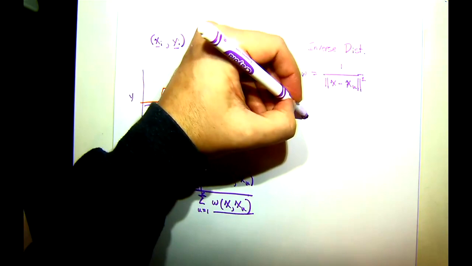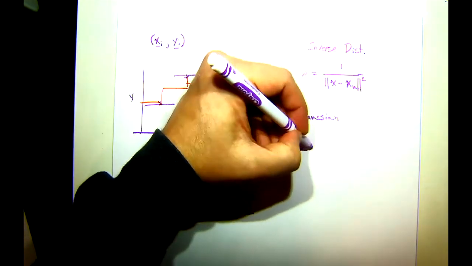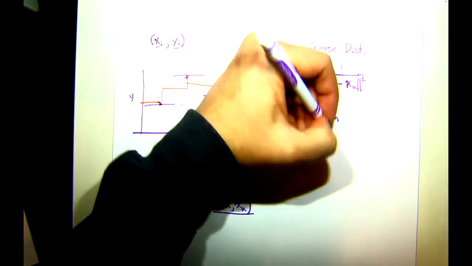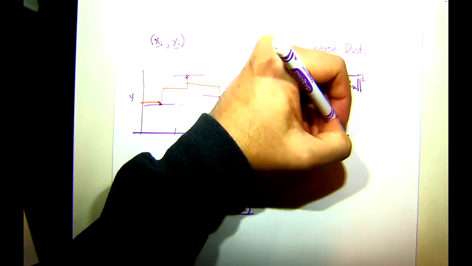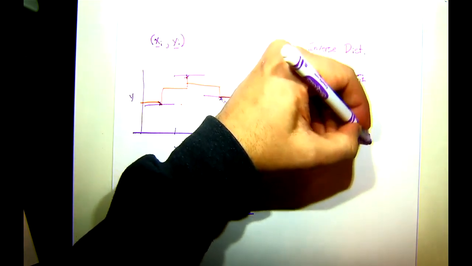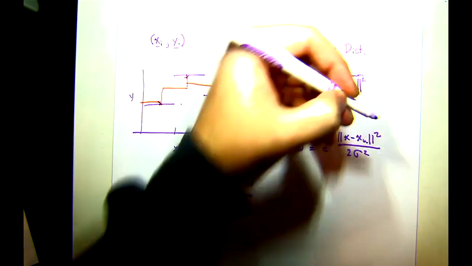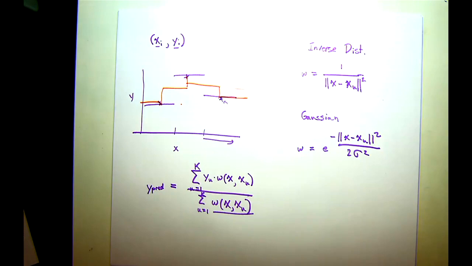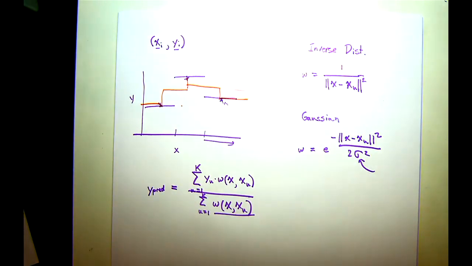The other common one is, of course, the Gaussian. It drops off in a slightly different way, but still has very similar behavior. And with the Gaussian, you also have a hyperparameter, this guy, which controls sort of the width of that weight measurement, how quickly it drops off.